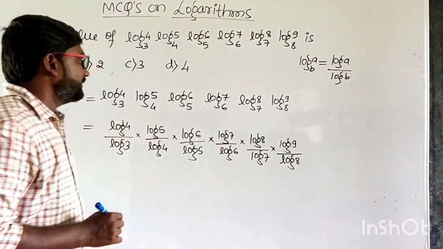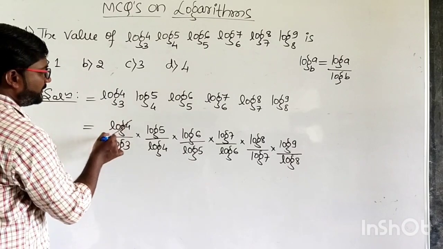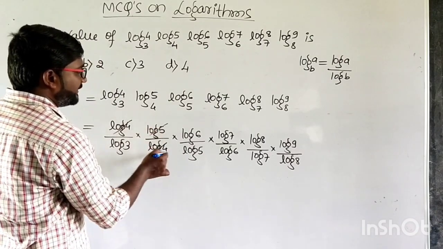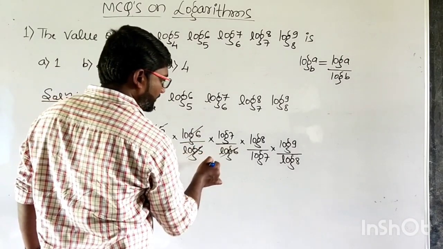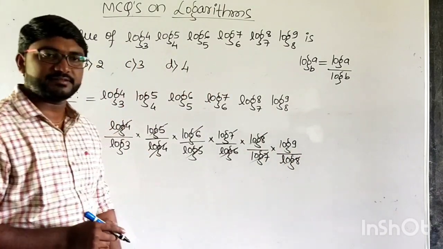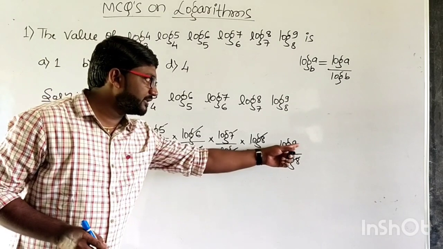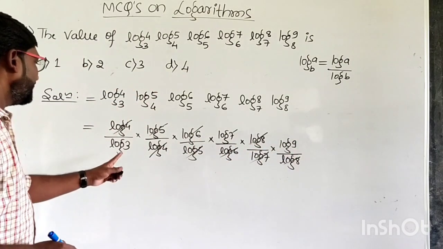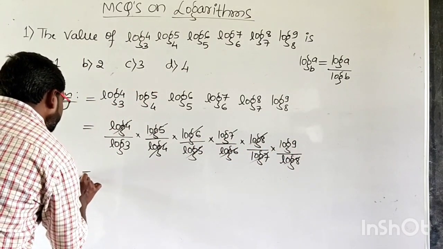So now log 4 and log 4 get cancelled, log 5 and log 5, log 6, log 6, log 7, log 7, log 8 and log 8 get cancelled. So we are left with only log 9 divided by log 3.